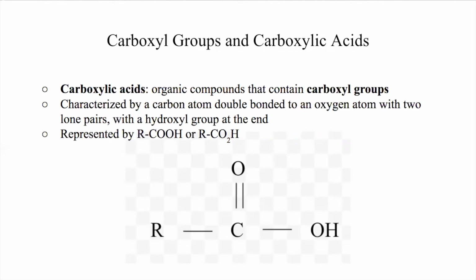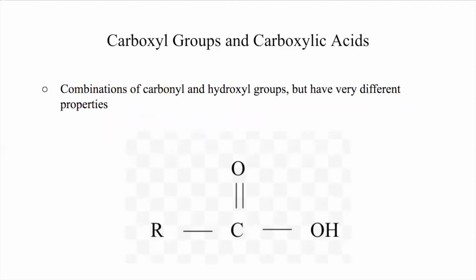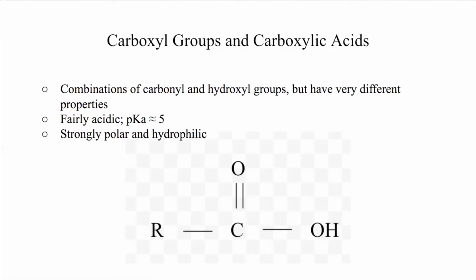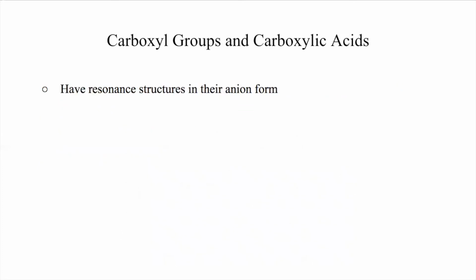Though carboxyl groups are technically combinations of carbonyl and hydroxyl groups, carboxylic acids have totally different properties than ketones, aldehydes, and alcohols. They're fairly acidic, with a pKa of about 5, strongly polar, and strongly hydrophilic, allowing them to be miscible with water. Carboxylic acids get the suffix oic acid, but they're often referred to by their common names.